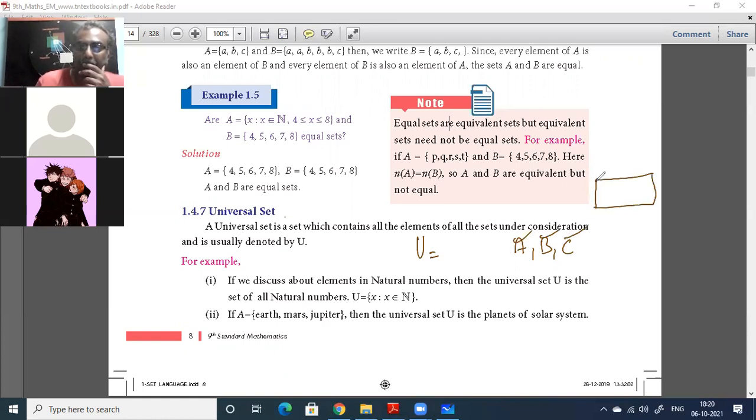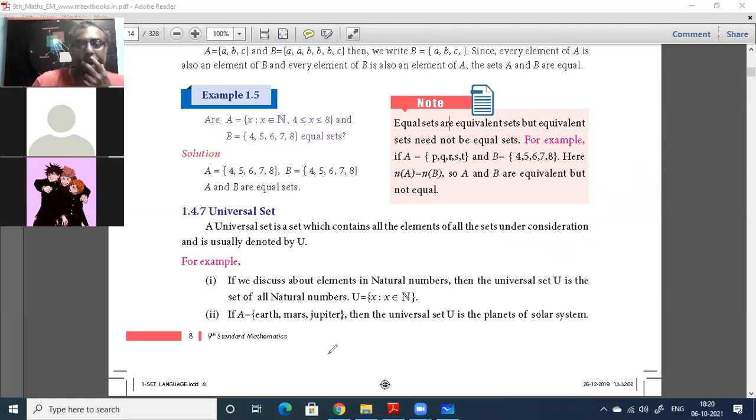In Venn diagrams, this is A, this is B, this is C, and this outer one will be the universal set. It contains A, B, and C, and everything else outside it also.